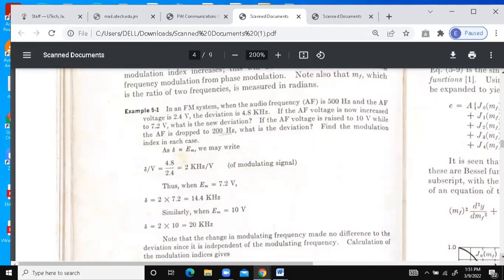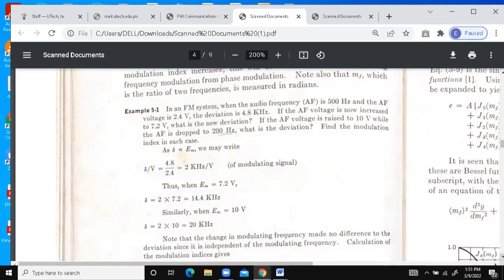Modulation index. Yes, sir. The next one, find the modulation index in each case, the last question. I think you did show that part yesterday.